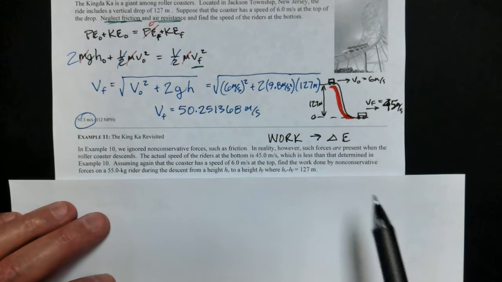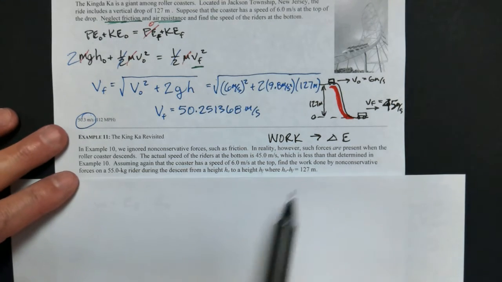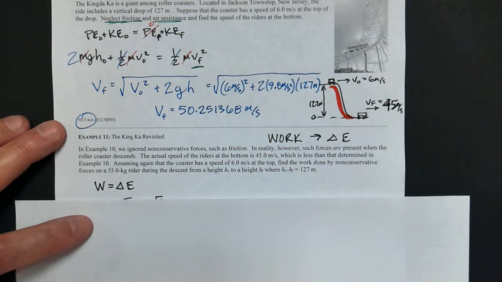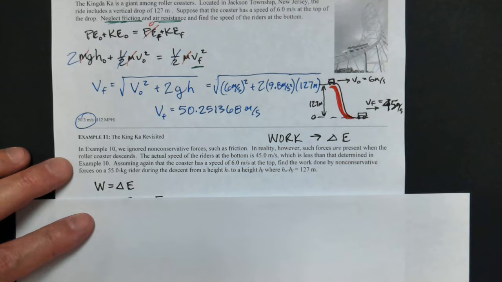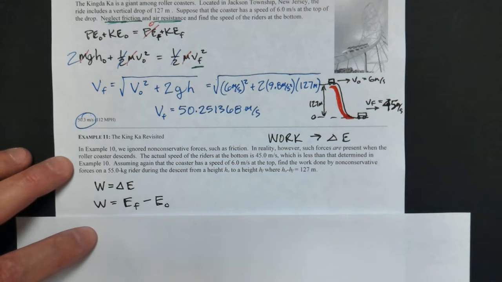Now, again, another way of saying work is the change of energy is we can say that W equals delta E. And we know anytime we do delta something or change in something, it's always final minus initial.